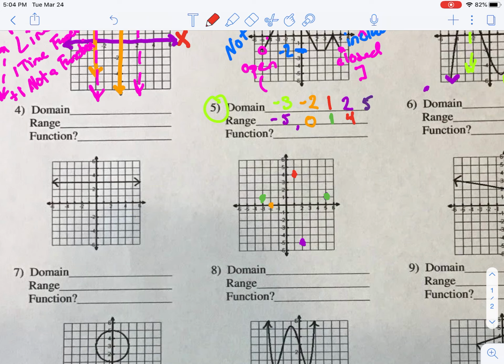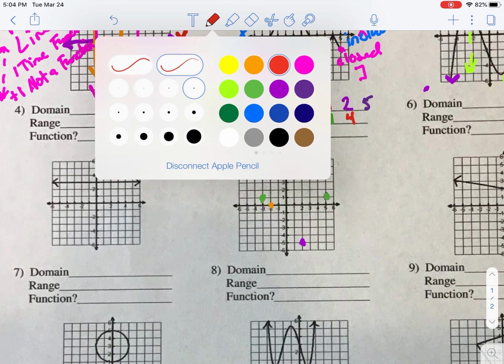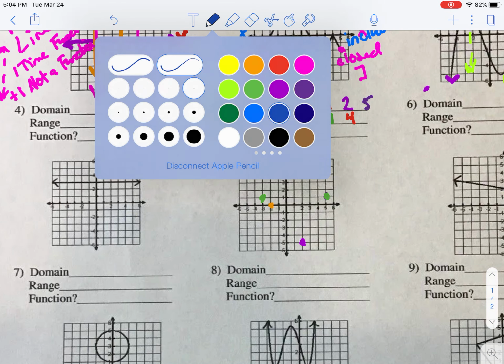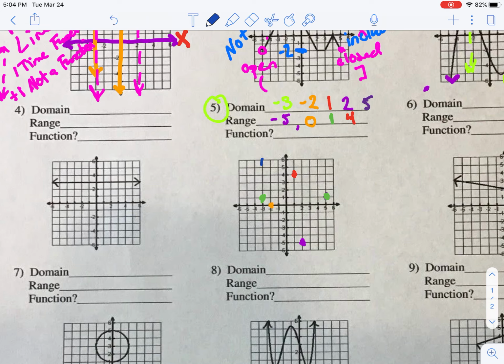Function or not a function. If we were to draw vertical lines through each one of our points, this vertical line goes through the point once. This goes through the point once. One time, and one time. This would be a function.